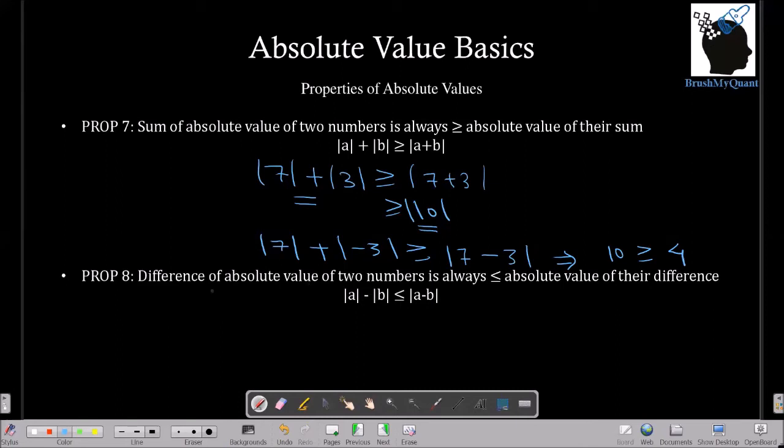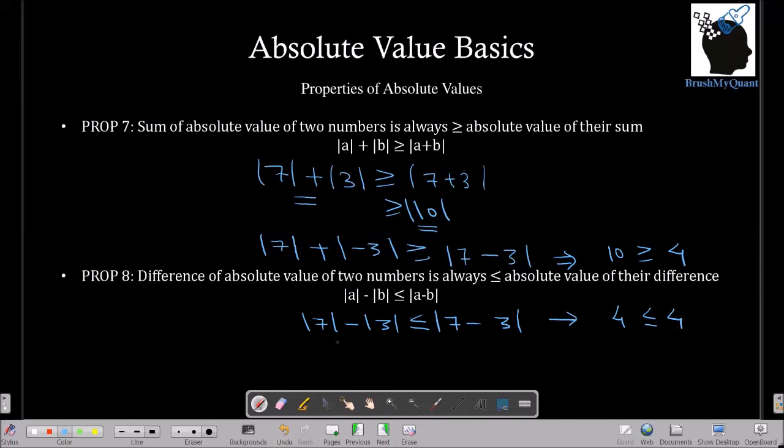Eighth property: the difference of absolute values of two numbers is always less than or equal to the absolute value of their difference. That is, |a| - |b| ≤ |a - b|. Let's take an example. |7| - |3| will be less than or equal to |7 - 3|. In this case, on the left-hand side we have 4 and on the right-hand side we also have 4.